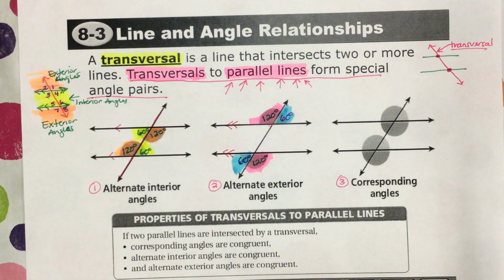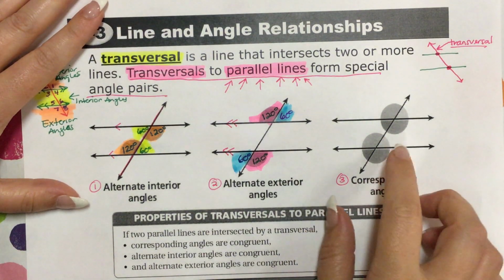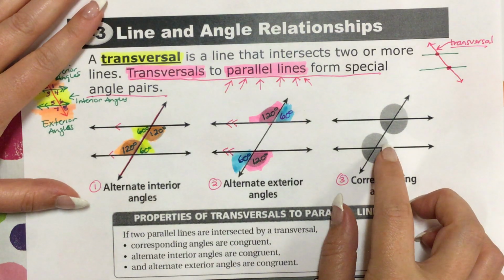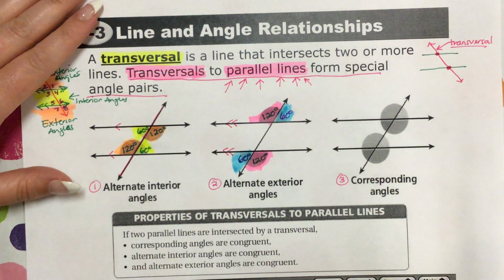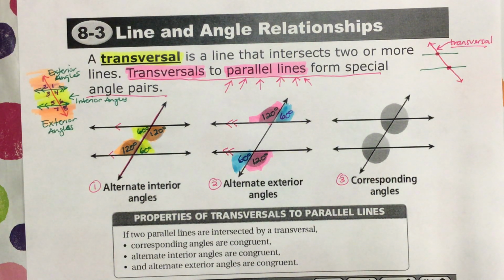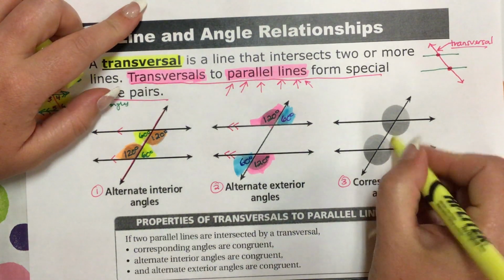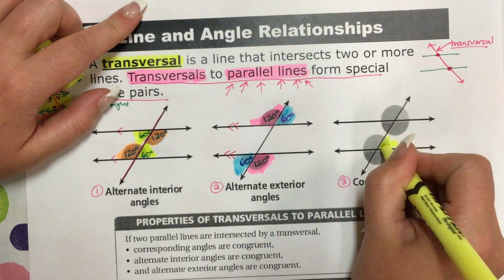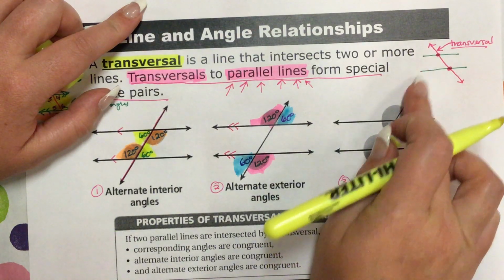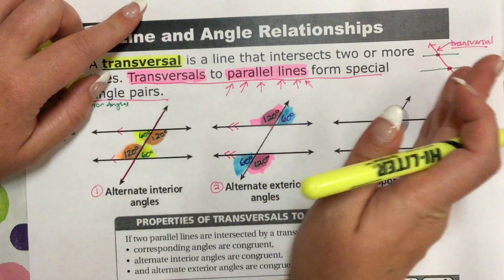Corresponding angles are angles that are actually on the same side of the transversal. One is interior and one is exterior. Okay? So if I have this angle right here, they have to be on the same side of the transversal.